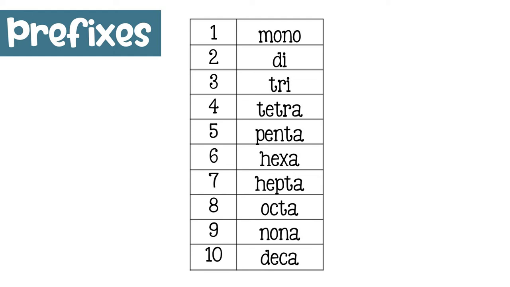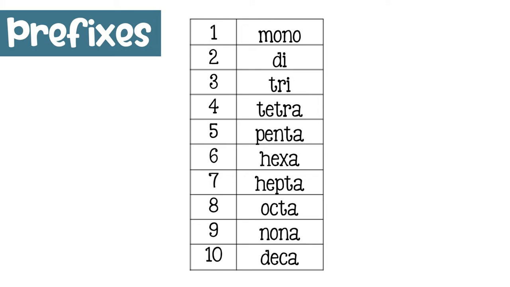So, how do you know what prefix to use for each number of atoms? Well, mono means 1, di means 2, tri means 3, tetra is 4, 5 is penta, 6 is hexa, 7 is hepta, 8 is octa, 9 is nona, and 10 is deca.